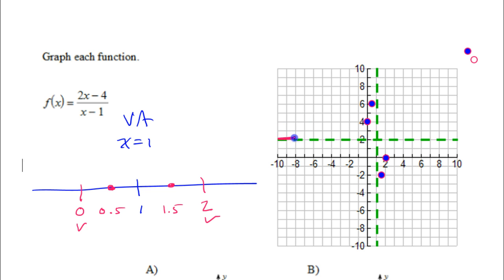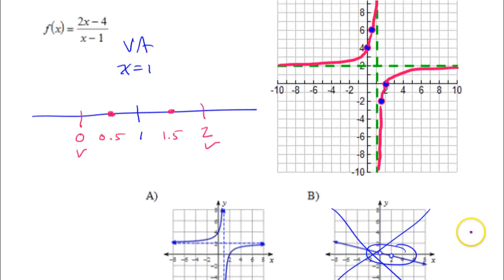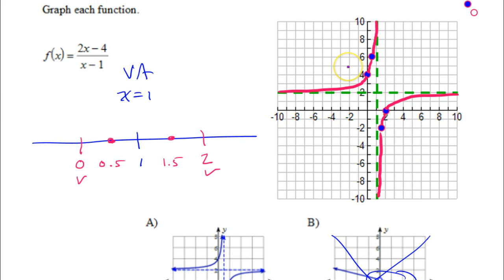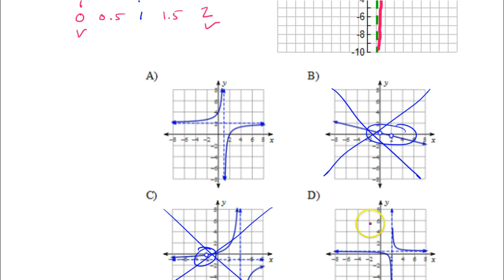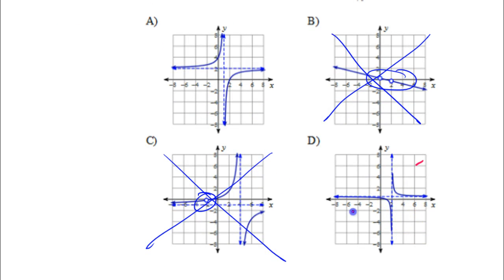It's going to, of course, approach the asymptotes on the ends, while passing through the points we have. So this is what we're looking for. So we're looking for upper left and lower right. So A is looking good, D not so much.